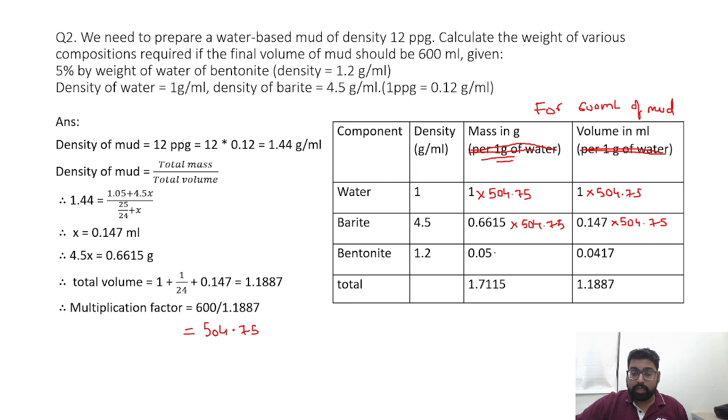Same for bentonite, multiply this with 504.75, multiply this by 504.75. And the final mass is again multiplied by 504.75. You will notice that once you do this multiplication, you get the final volume as 600 ml, which is our required condition.